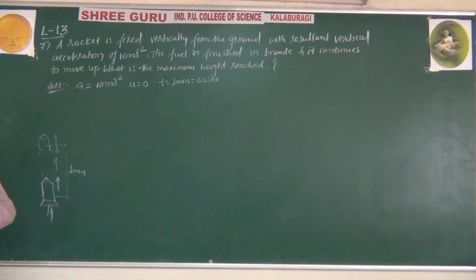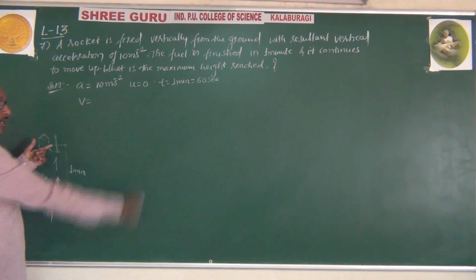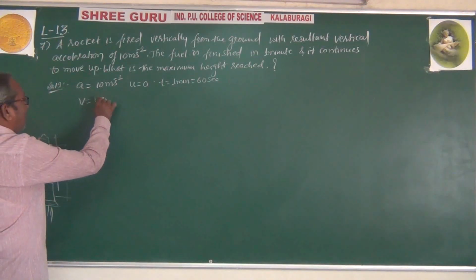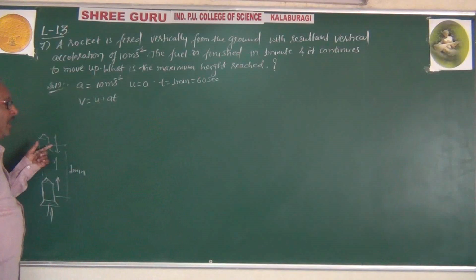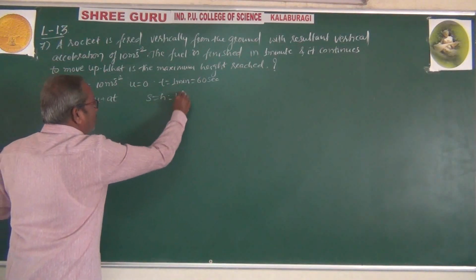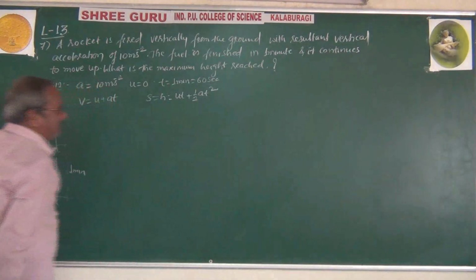After that the fuel will be completed. In that 1 minute, how much height it will reach, plus how much velocity it will acquire. The velocity acquired is v equal to u plus at, and the height s equal to h equal to ut plus 1 by 2 at square.